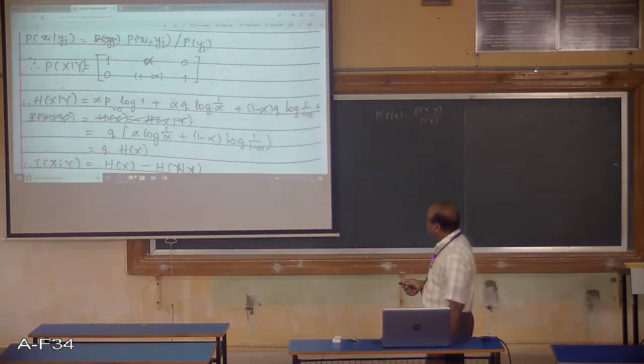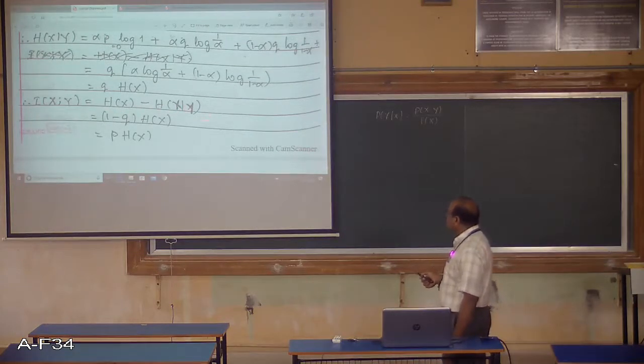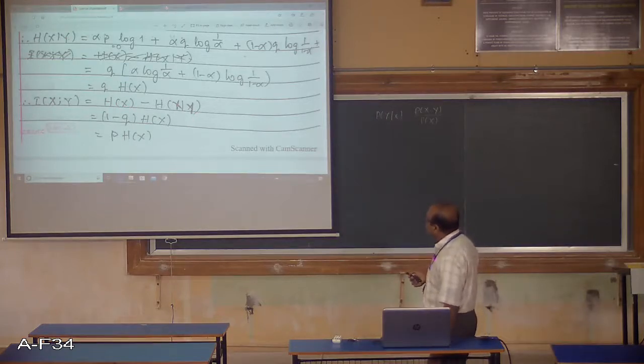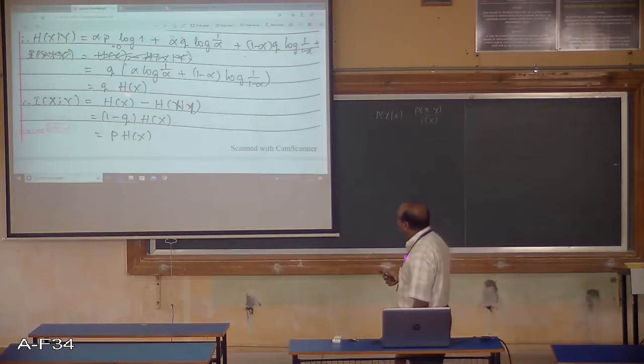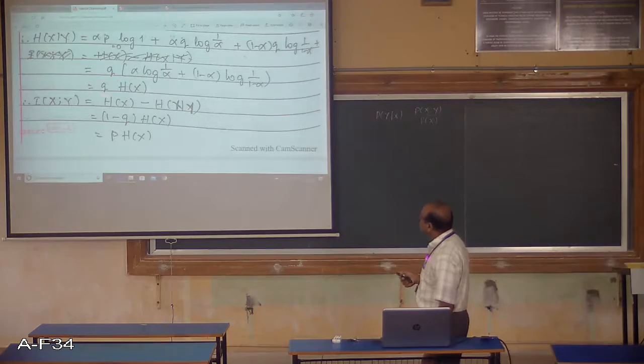That comes out to be Q times H of x. H of x given y comes out to be Q H of x. So, in the relation I of xy equals H of x minus H of x given y, H of x we already calculated, and H of x given y is Q times H of x.